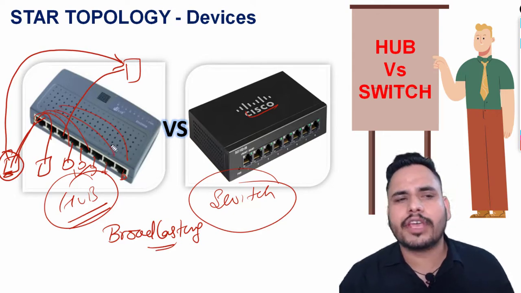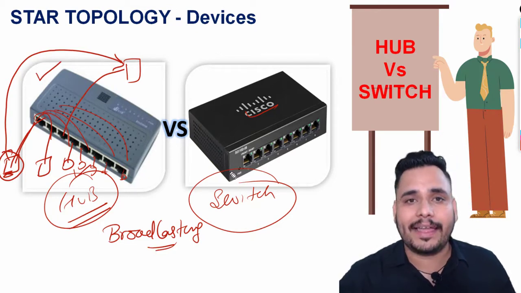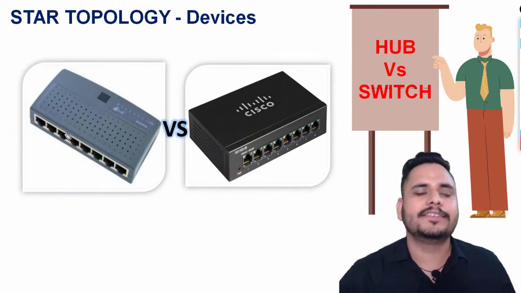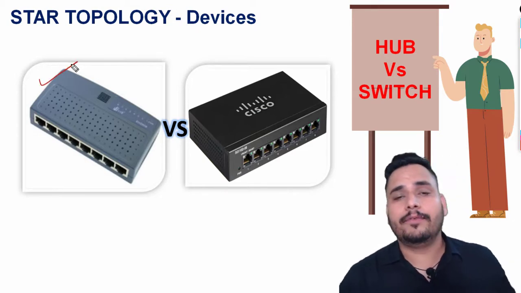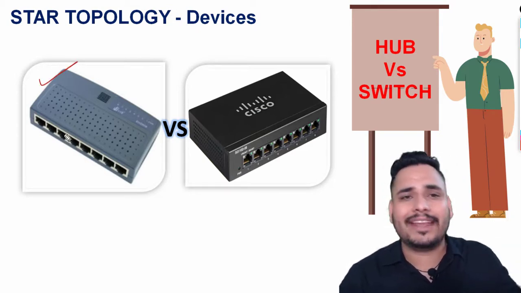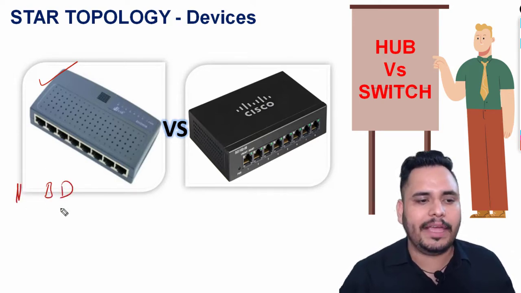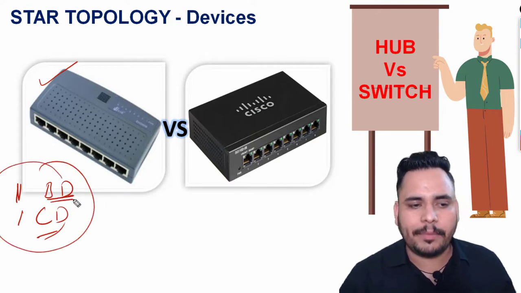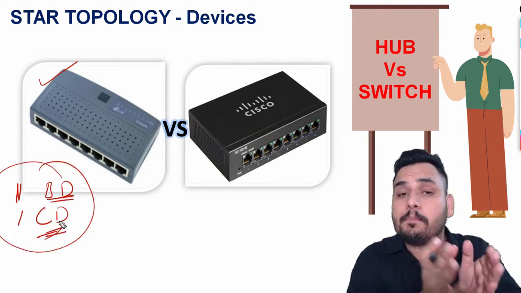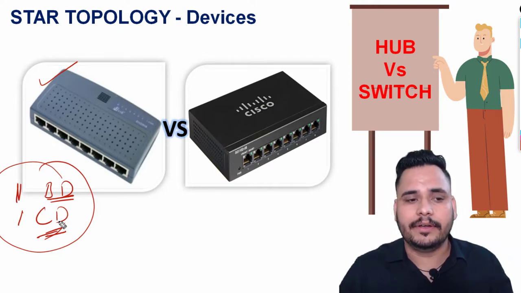So there is no security in a hub. A hub cannot learn the MAC address of every device, so that's why it always broadcasts. And one of the most significant disadvantages of a hub is that it has one broadcast domain and one collision domain. Broadcast domain and collision domain are important factors in sending data from sender to receiver.